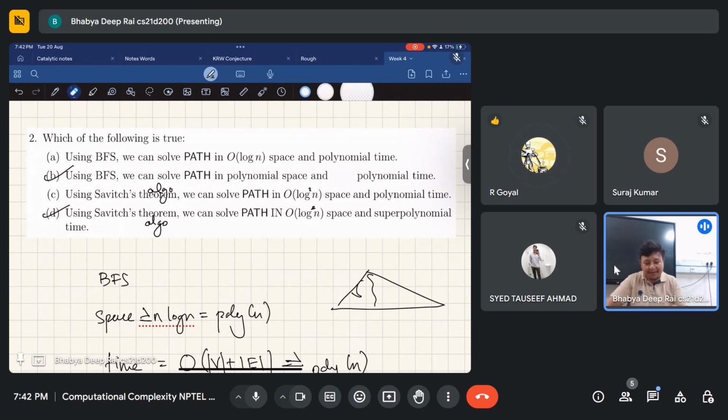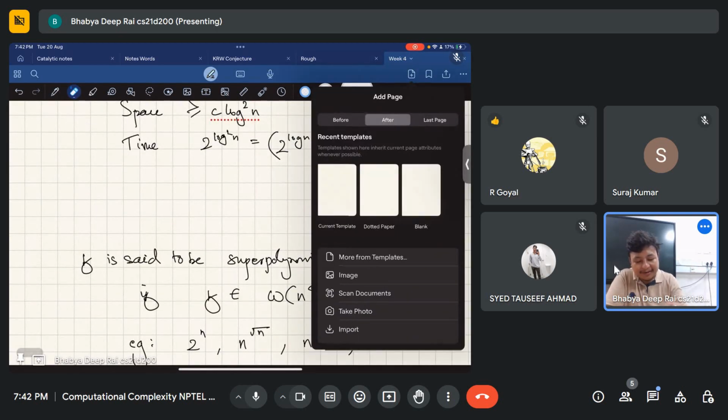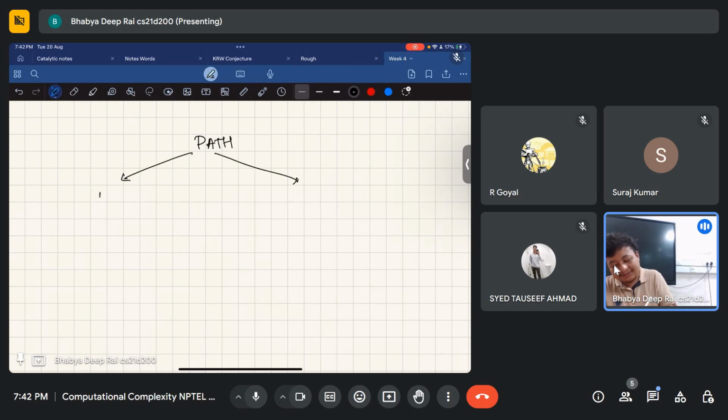Yes. So right. Why I gave this question is I want you to understand the difference in solving the problem PATH. Okay, I can do it in two ways. One is BFS, DFS, and so on, and one is Savage's way, Savage's algorithm. If I do BFS, it'll take a lot of space.